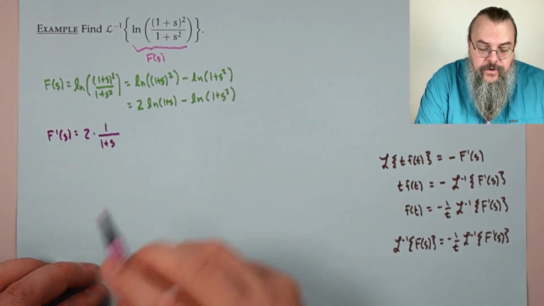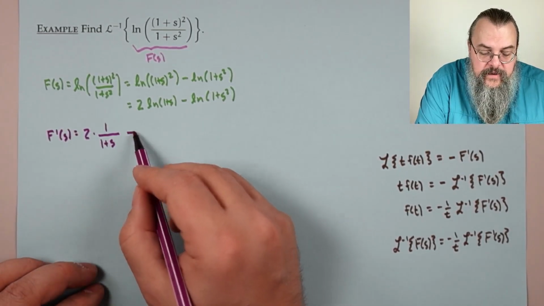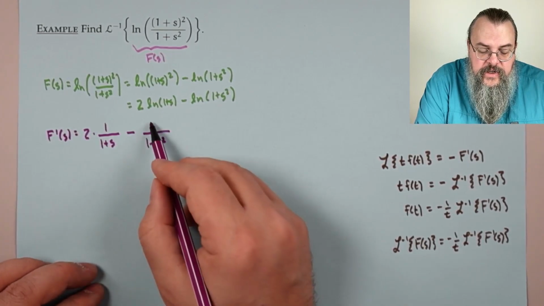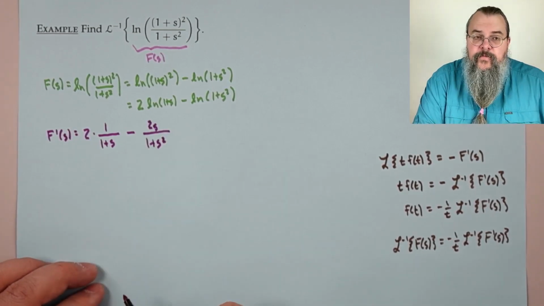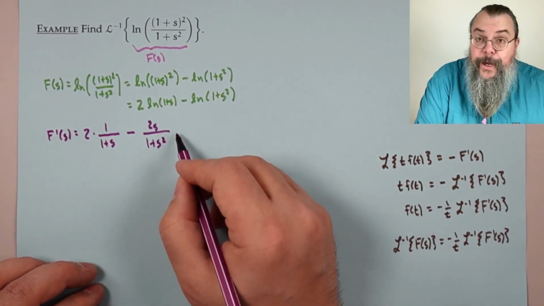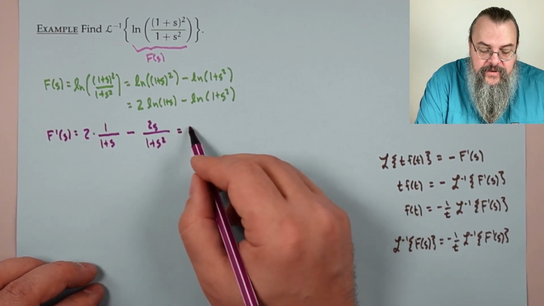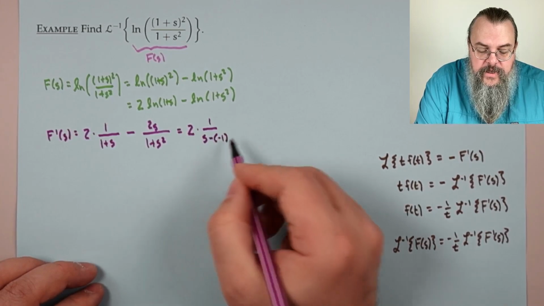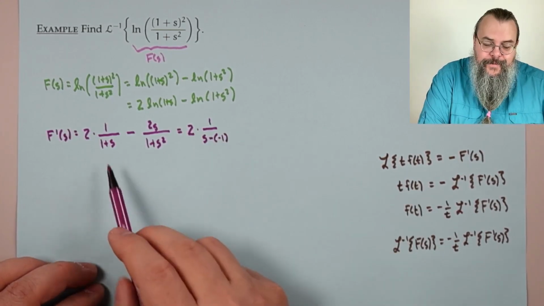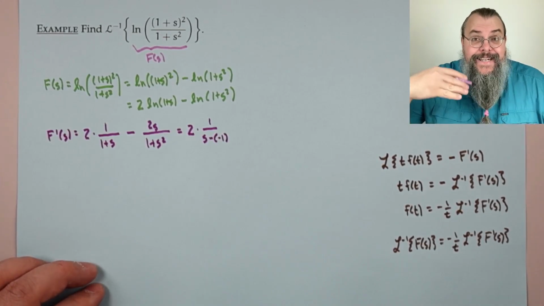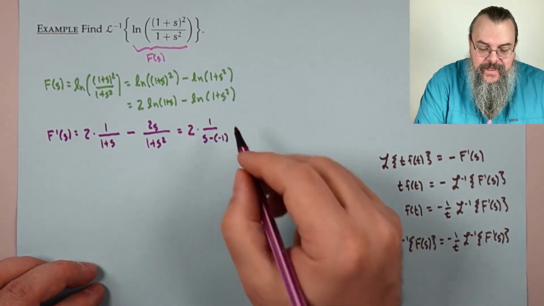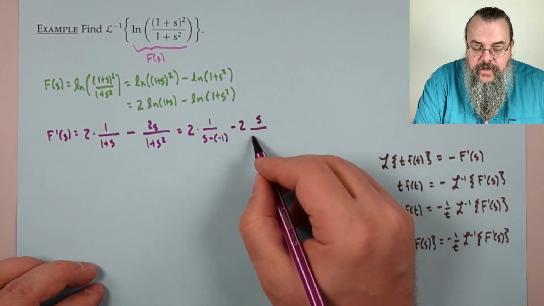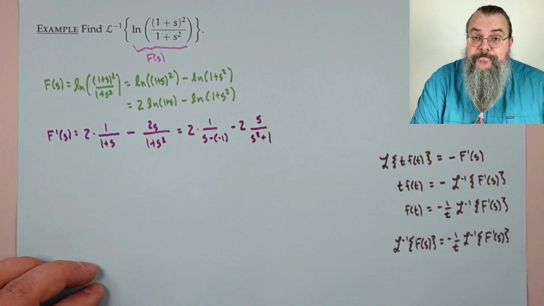So 1 over 1 plus s, minus, okay, derivative says inside goes downstairs, derivative goes upstairs. And if we want to, and we do, we could rewrite this as 2 times 1 over s minus minus 1. You're probably thinking, why do you write s plus 1 in that weird way? We're anticipating doing an inverse Laplace. And here we'll write this as minus 2s over s squared plus 1.